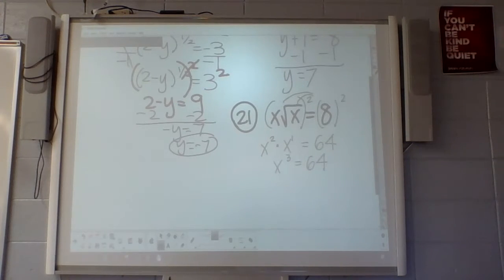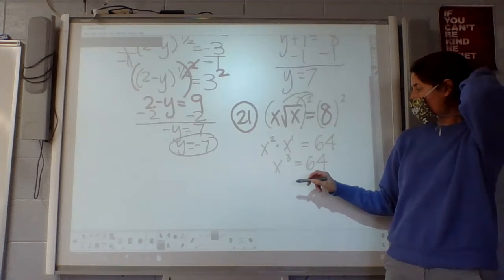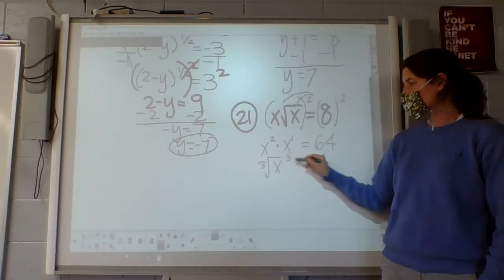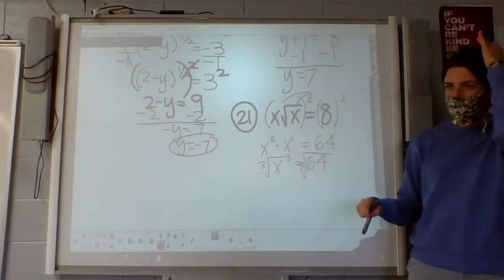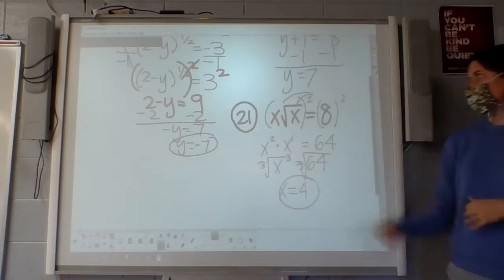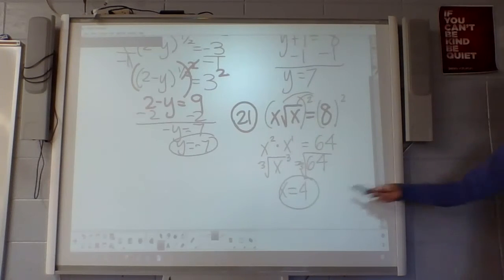And if I'm trying to solve this, to undo cubed, we do cube root. So I'd cube root each side, and so that just ends up being 4. And 4 does work. If you do 4 times the square root of 4, 4 times 2 is just 8. It's kind of a weird one.